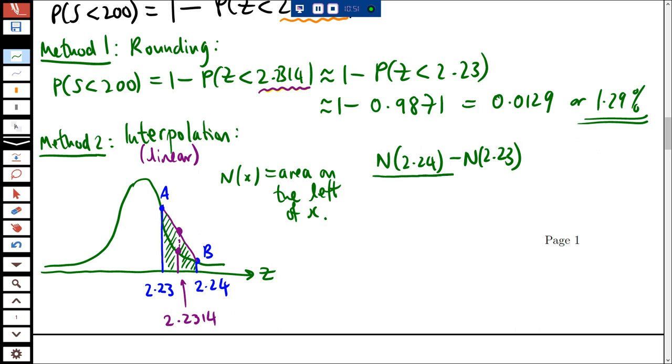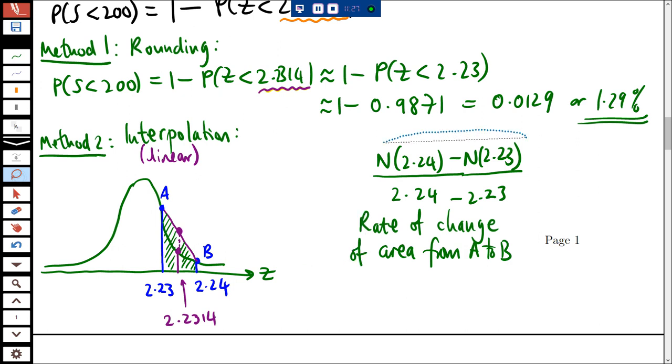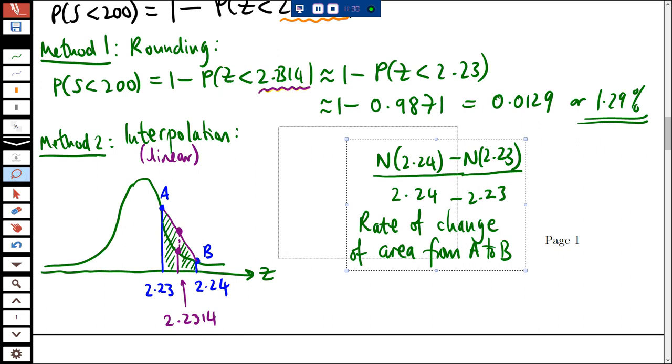Well, the rate at which that area changes, so I'm going to divide it by the length of the interval, the Z interval. This gives the rate of change of the area from A to B. Well, all those lines from A to B. So if I just move this to here.